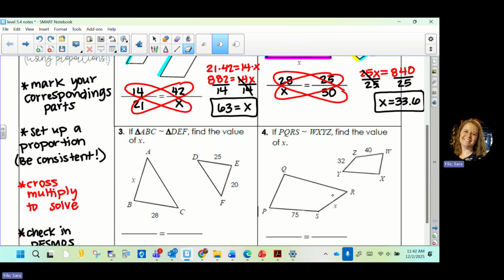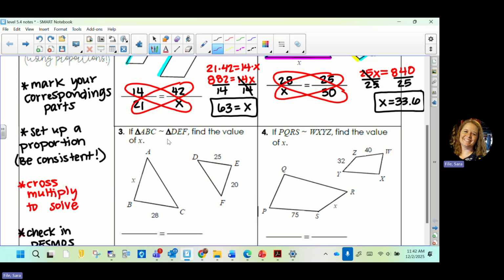Okay, so in this next one, I'm going to mark my corresponding parts. So my, let's see. Now this one is harder to tell. They're definitely not in the same orientation. However, they told me up here what the similarity statement is. We talked about similarity statements in our 5.2 notes as well.